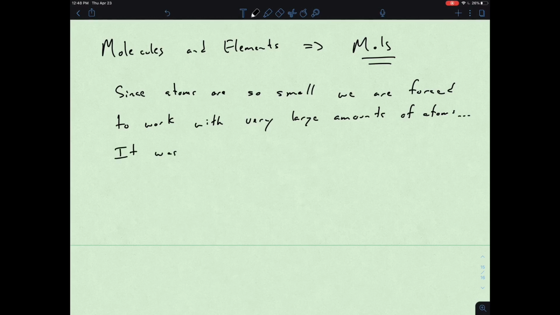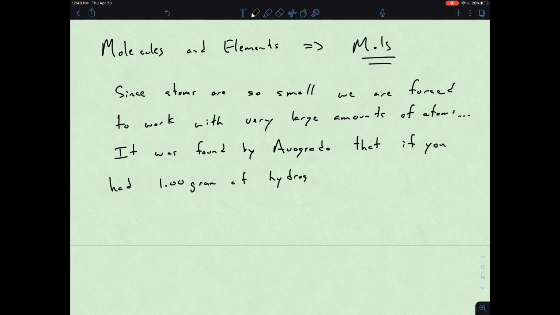It was found by Avogadro that if you had 1 gram of hydrogen looking like this, right? Hydrogen with that atomic mass of 1 as well.